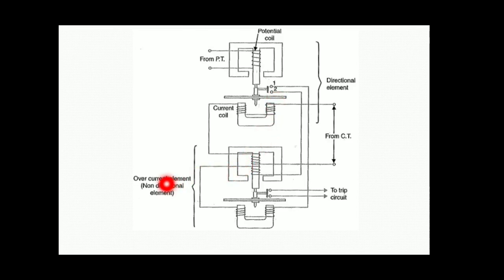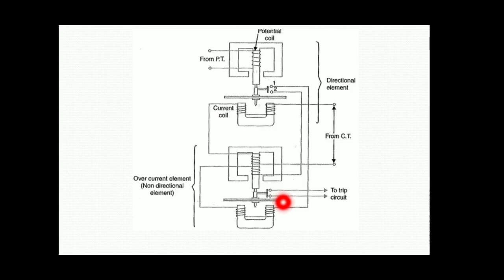After that we check the overcurrents. If any overcurrent is obtained in that circuit, then this circuit will be operated. In that we use the same non-directional overcurrent relay principle. We have the upper magnet and lower magnet, and then one disc. The disc will be rotated if any short circuit is obtained in the circuit.